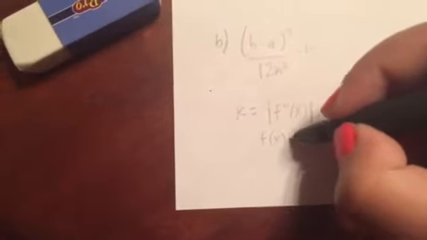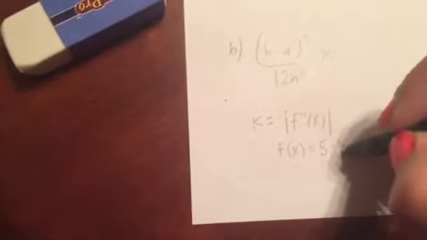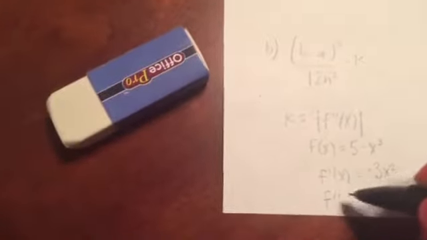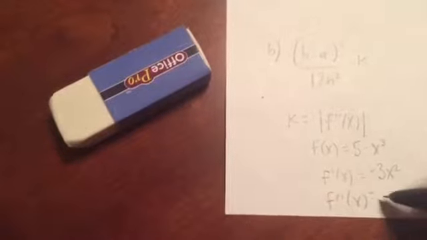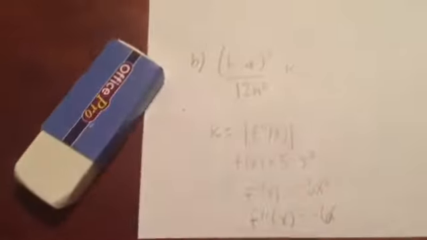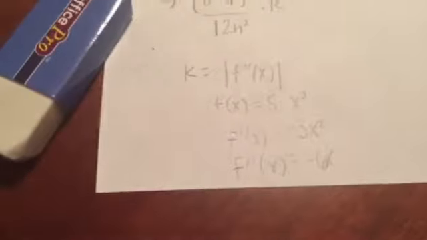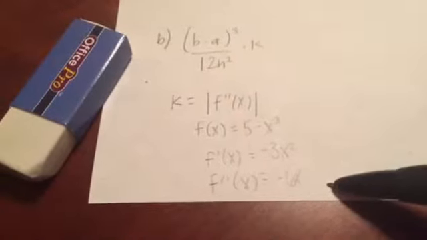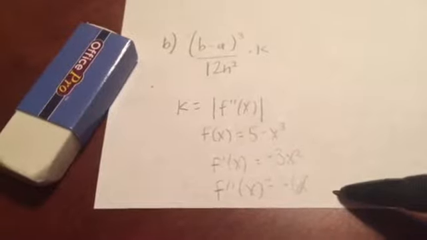So we know that the function is 5 minus x cubed. So the first derivative is minus 3x squared, and the second derivative is minus 6x. But that is not K. After we find this, we need to plug in the two endpoints so that we can find the maximum value.